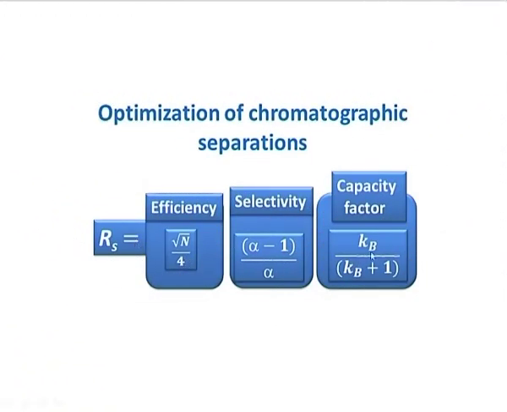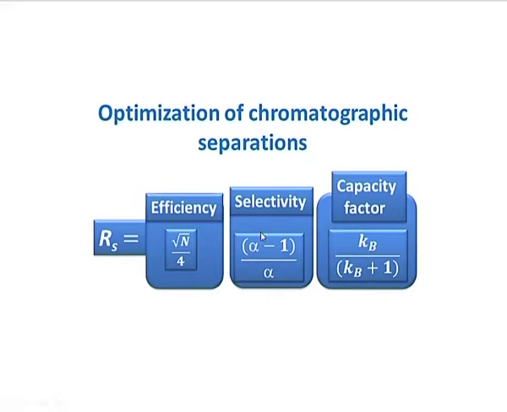Basically, all the 3 terms in this equation signify 3 very important phenomena associated with chromatography. This term, square root of n upon 4, talks about the efficiency of a particular chromatogram, right.